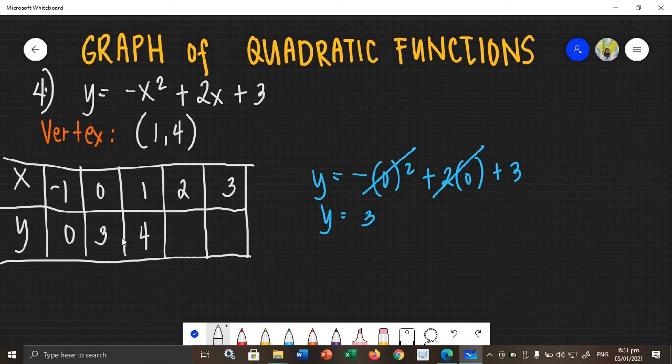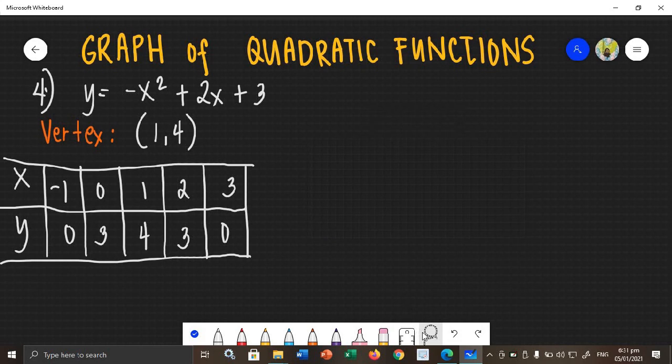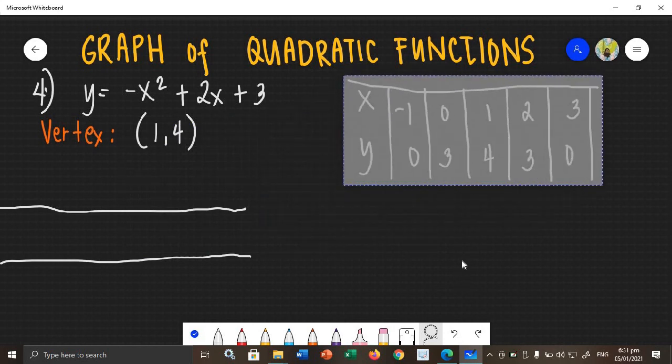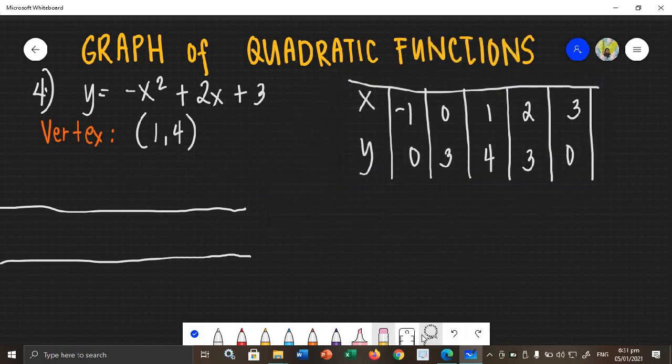So, the y-coordinates before the vertex will mirror the y-coordinates after the vertex. So, here, we also have 3. If we substitute it, you will get 3. And here, you will get 0 also. So, these are the ordered pairs that you need to plot. Okay, so let's write them as ordered pairs.